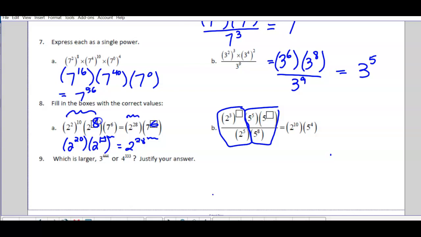Okay? Well, that means this will ask you, what number subtract 5 gives you 10? 15. So that means this has to be 15. So 15 divided by 3 is 5. Okay?